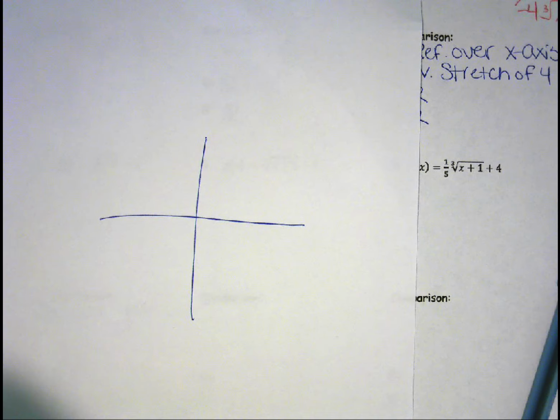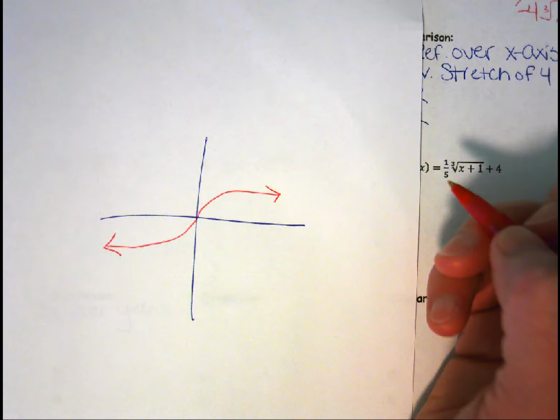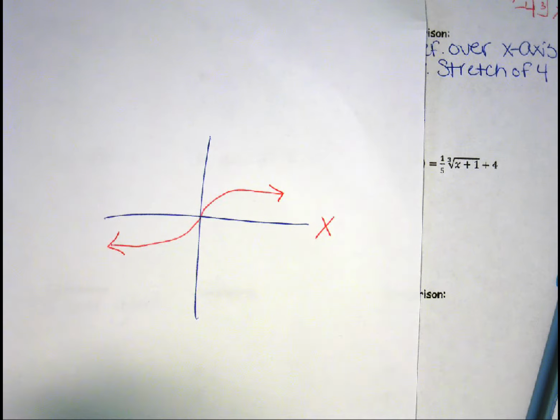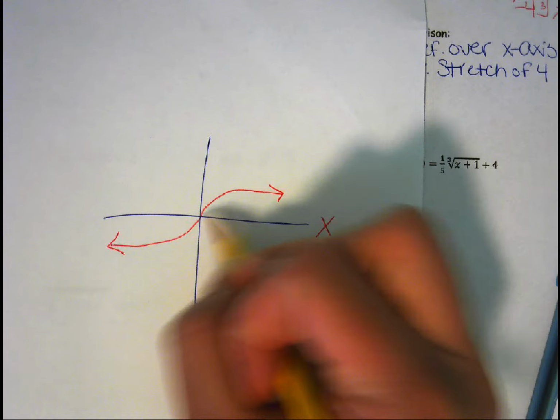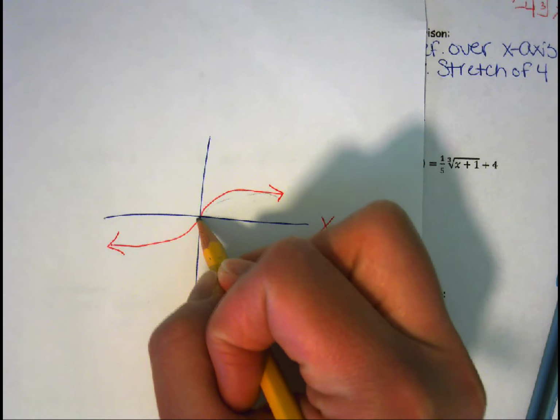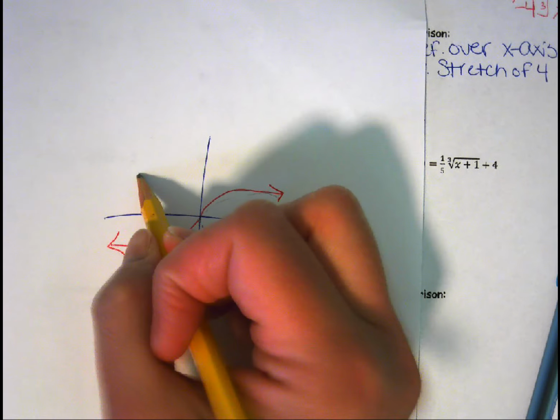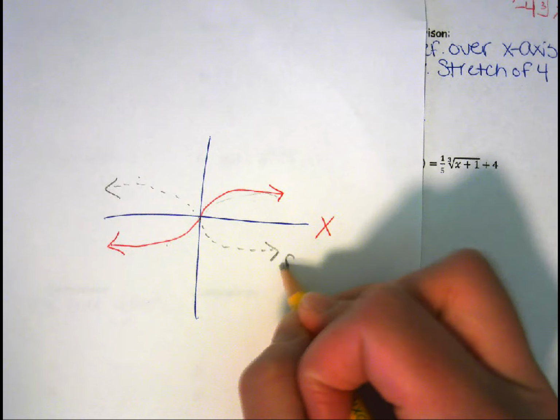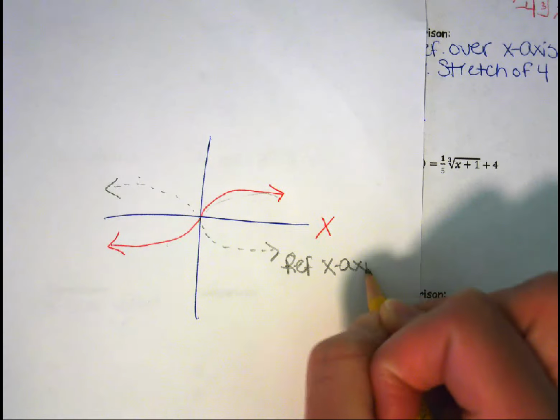If you have a graph that looks like this, and here's your x-axis, when you reflect this over the x-axis, this part is going to come down here, and this part is going to go up there, like this. That's the reflection over the x-axis.